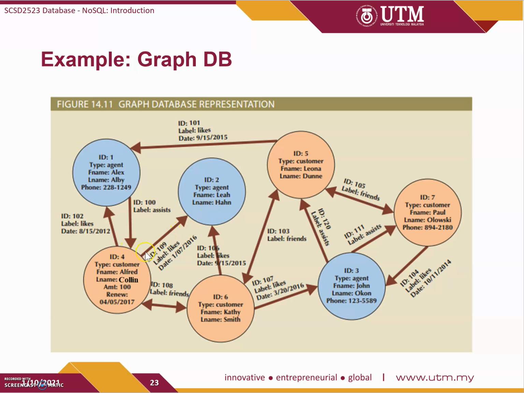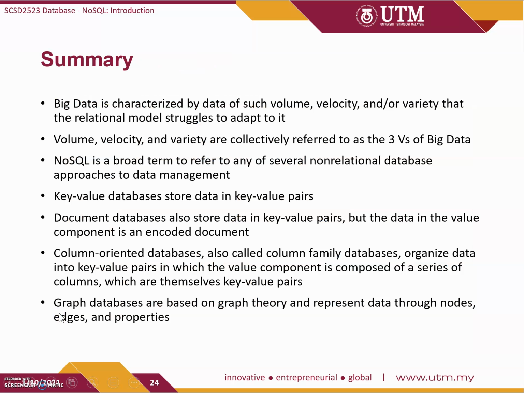And then it relates each of the nodes by having the edges. So basically these are the relationships between the nodes. All right, so that is all about the NoSQL examples.